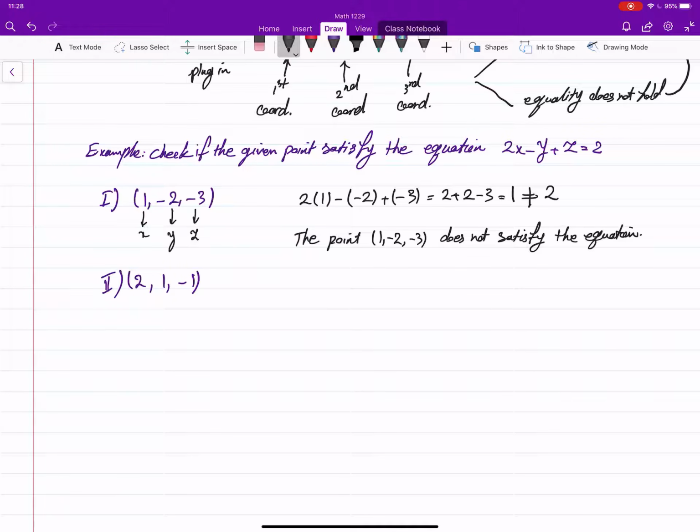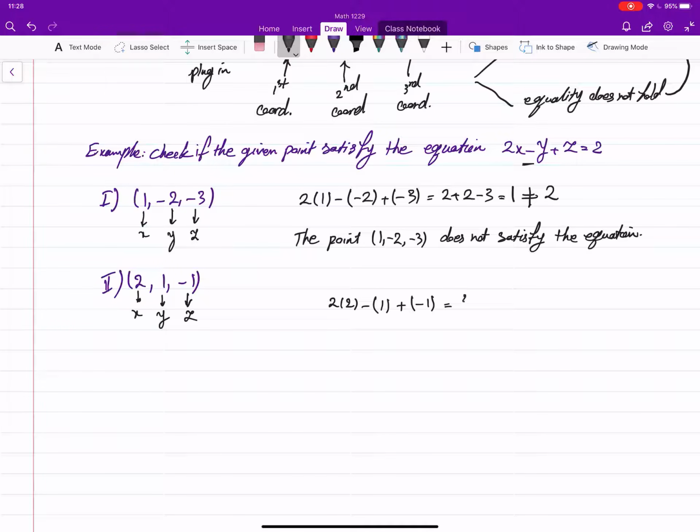Well, how about this other one? Okay, so we need to plug in the first coordinate in x, the second coordinate in y, and the third coordinate in z. So 2 times 2 plus, minus y. You see there is a minus sign here. So minus y is 1, plus z is negative 1.